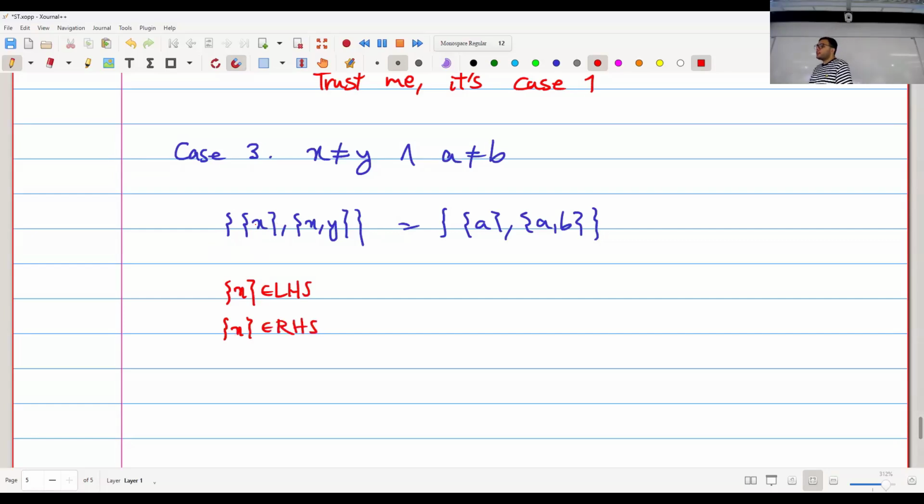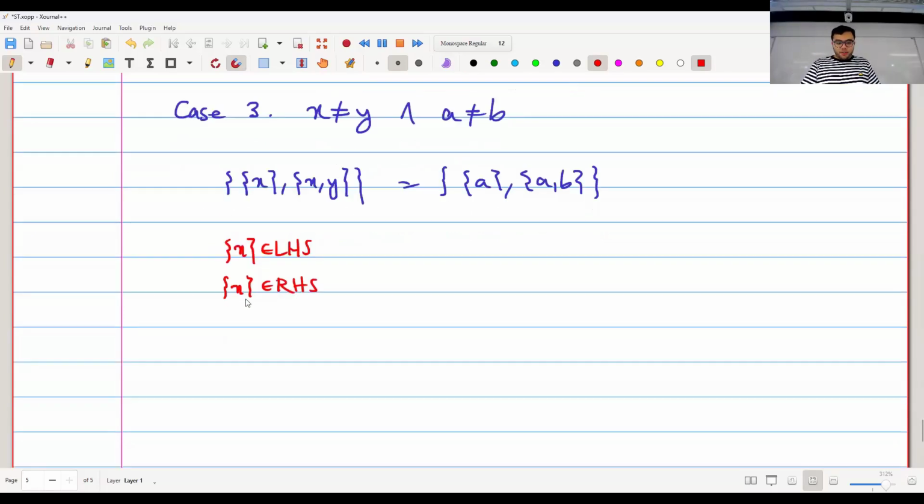Okay. So now this set is in the left-hand side. It has to also be in the right-hand side. So it has to be equal to either this set or this set. Now, another casework. I have one of these two cases.